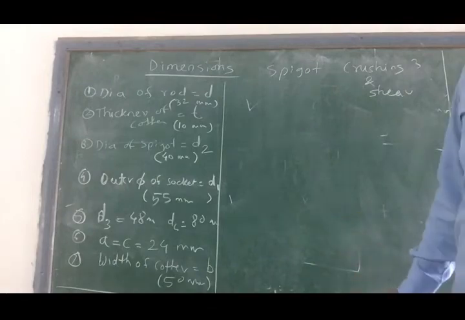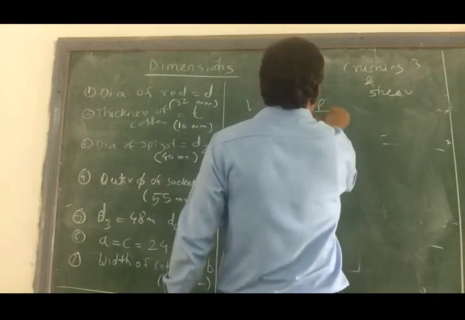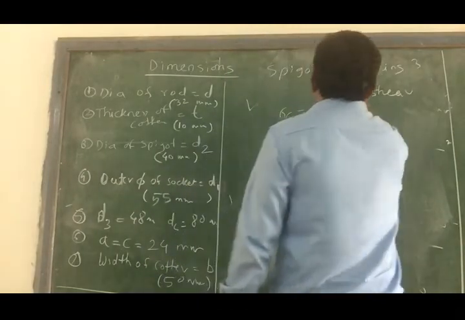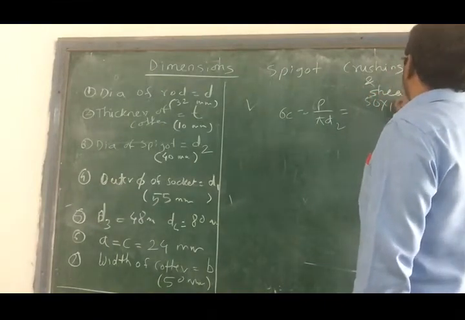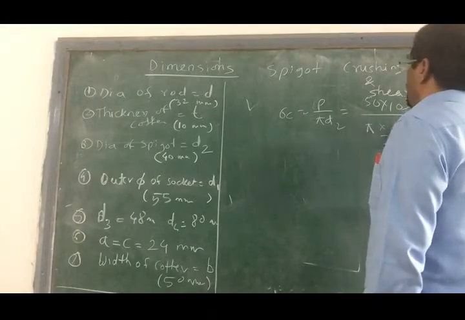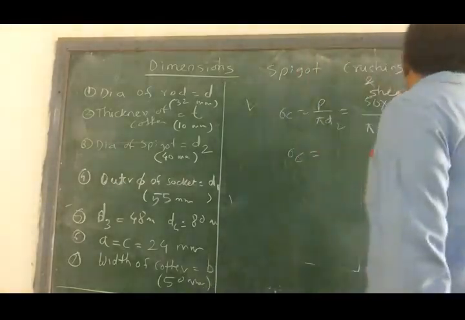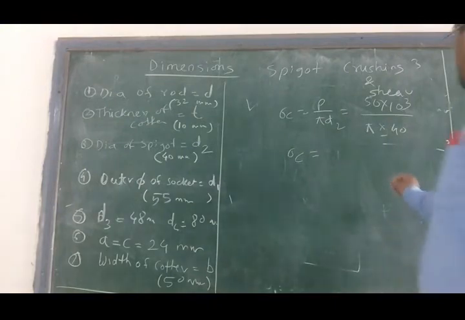Sigma C is equal to P upon pi d2. Okay. Now what is P? 50 into 10 raised to 3. What is pi into d2? What is d2? 40. So with this sigma you will get, the unit is Newton per mm square, 125.